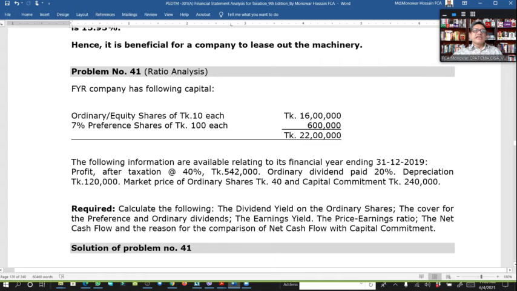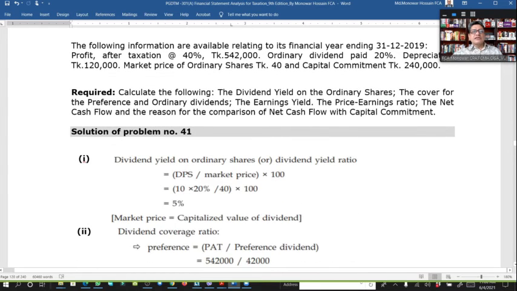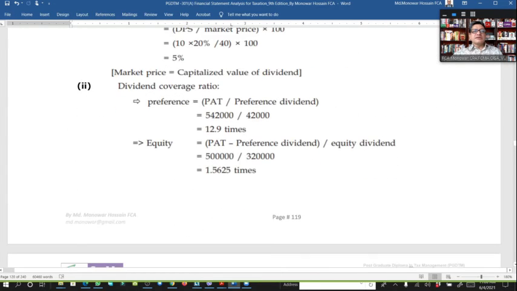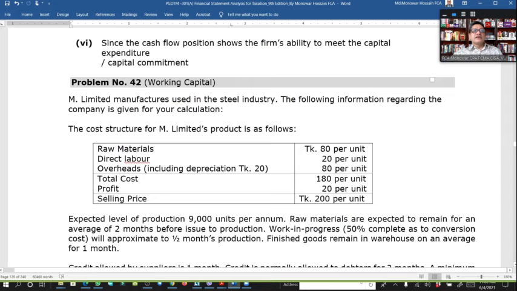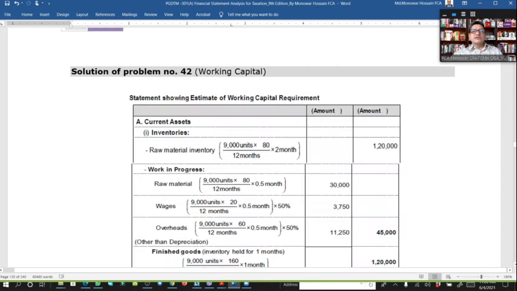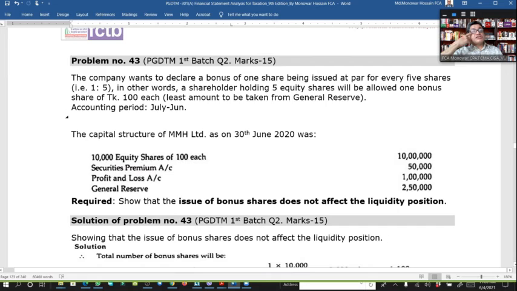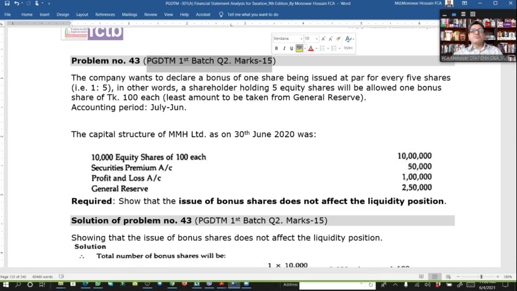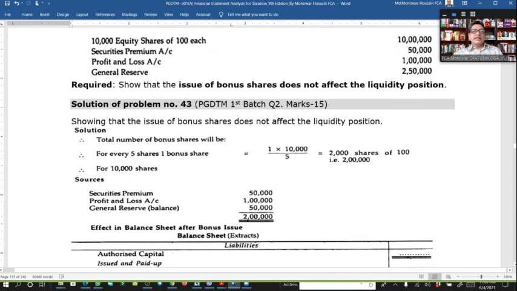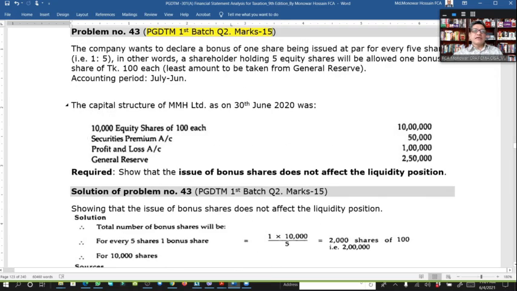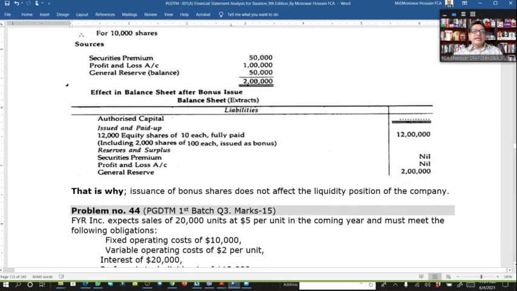So here is one ratio analysis math, and the calculation is here. Working capital is another math, and the calculation is here, and it comes from your previous questions. For example, your batch 2, that was 15 marks, and I think you know it, we discussed this previously, and the answer is here.